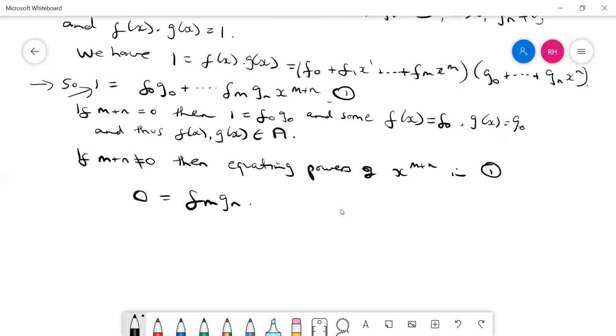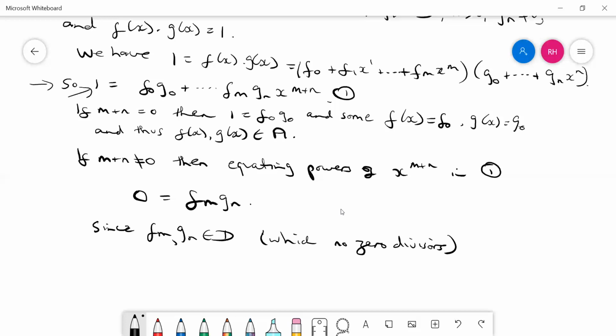Now, since fm and gn are elements of the integral domain, which has no zero divisors, I've done a video on this a few back. What does this mean?